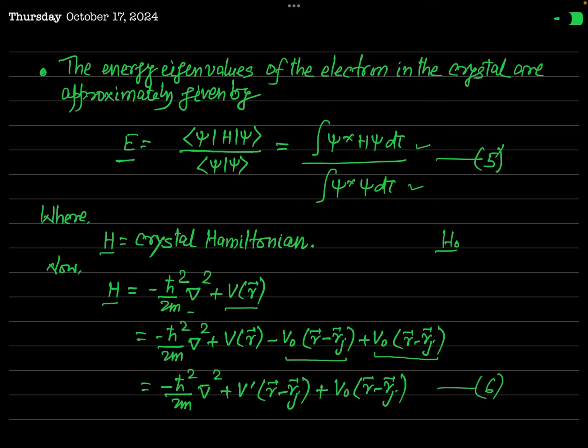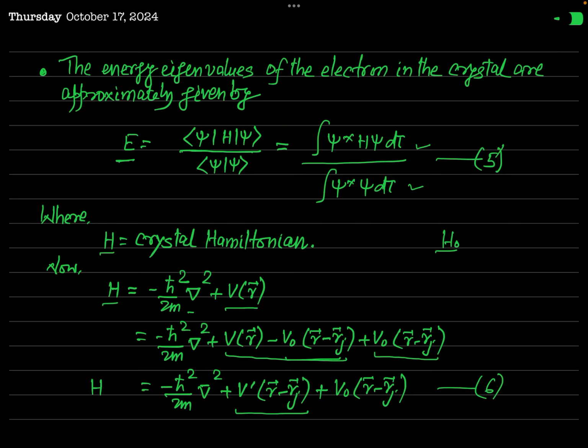But now let us consider the sum of the first two potentials, V of r minus V naught of r minus Rj, and take it as V dashed of r minus Rj.